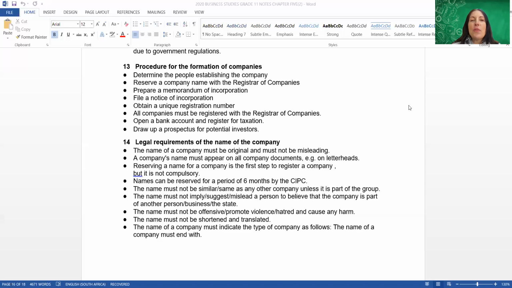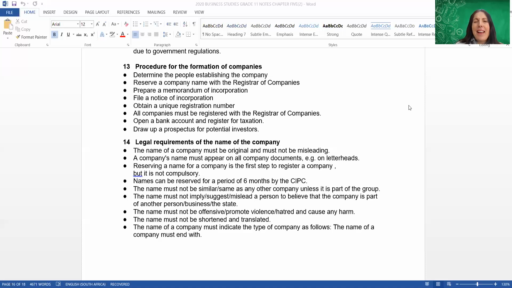Okay, so let's start with the procedure for the formation of companies. First of all, obviously there must be people who decide, okay, we're going to start a company. Now this can be for a private or a public company. Then you have to reserve a company name with the Registrar of Companies. That all falls now under the CIPC, so that will be done on that website.